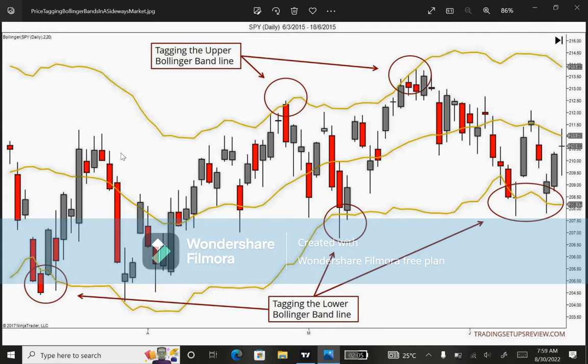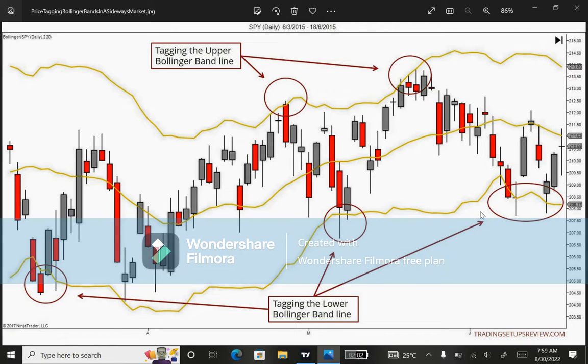So the composition of Bollinger Band is that it has the upper band and the lower band. Okay, so there are several ways or several theories as to how people trade Bollinger Band. It depends on the type of trader that you are and the kind of entry that you like to take.